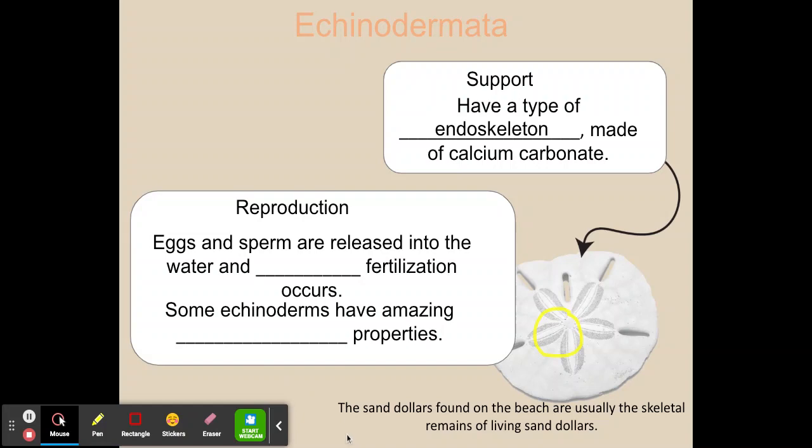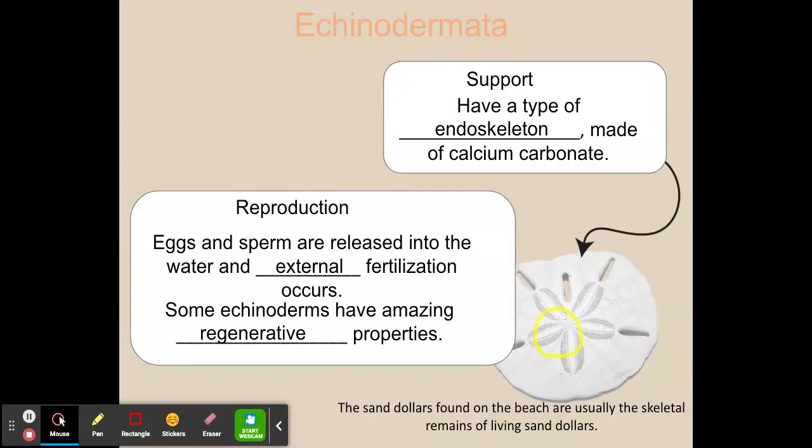They're going to obviously reproduce. They're animals and they're living, and they are going to reproduce sexually. There's going to be an external fertilization where the eggs and the sperm are released into the water, and the eggs are fertilized externally, and then you have more baby echinoderms that are made. Some echinoderms have amazing regenerative properties.